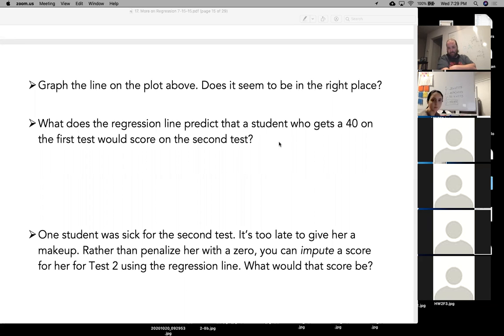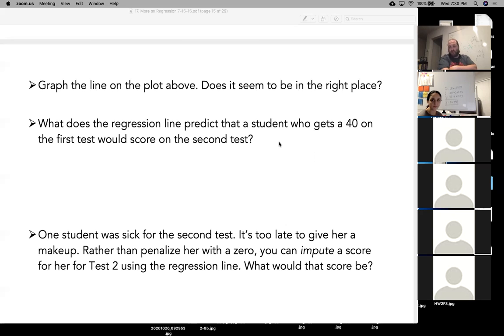Does that make sense? In other words, you're basically saying the class trend is that people with scores of 40 on the first test would have gotten a 43 on the second test. So rather than giving you a 0, I'm going to give you what I think you would have gotten had you actually taken the test.